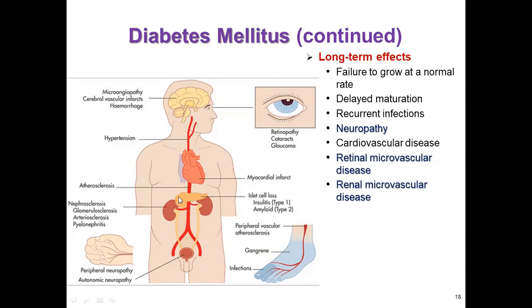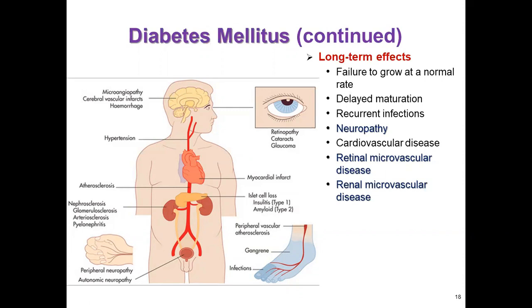So this is the pancreas. The cells are called islets of Langerhans. The pancreas secretes insulin, which helps to metabolize glucose, and the pancreas also secretes amylase, we call it pancreatic amylase, which helps digestion.